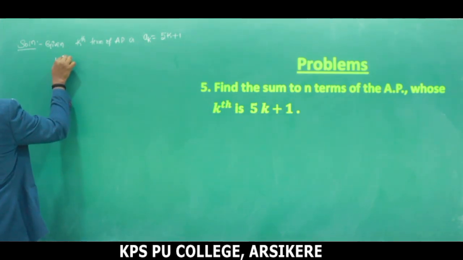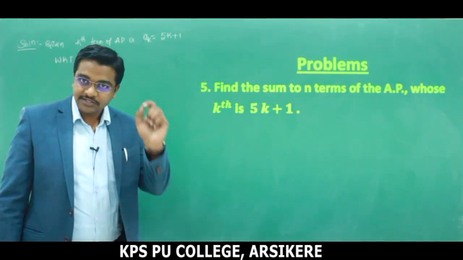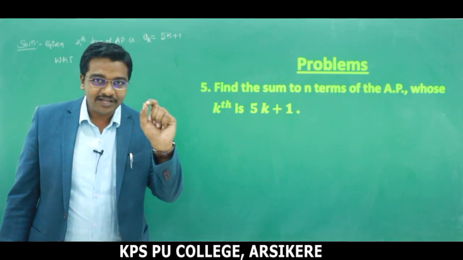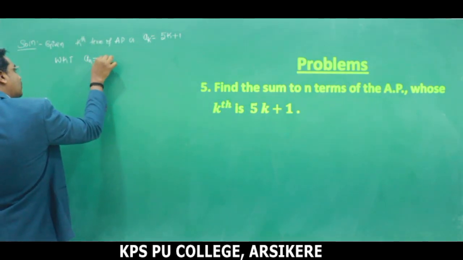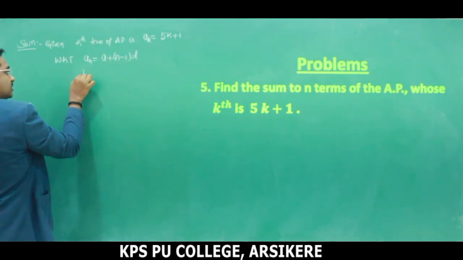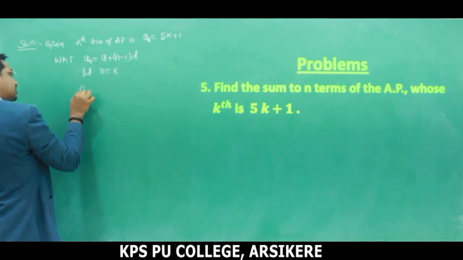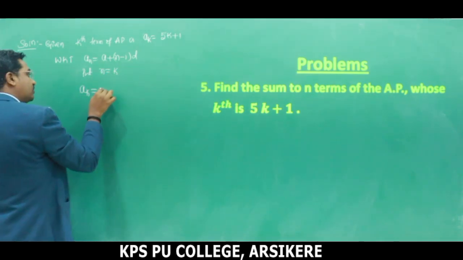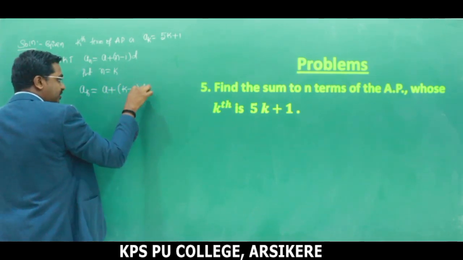We know that the nth term of AP is an is equal to a plus n minus 1 into d. Substitute n is equal to k. So this says ak is equal to a plus k minus 1 into d.